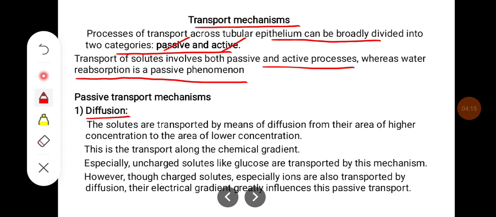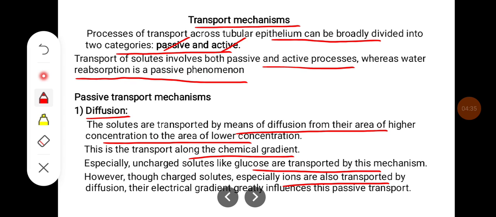The solutes are transported by means of diffusion from their area of higher concentration to the area of lower concentration. This is the transport along the chemical gradient. Especially uncharged solutes like glucose are transported by this mechanism. However, though charged solutes, especially ions, are also transported by diffusion, their electrical gradient greatly influences this passive transport.